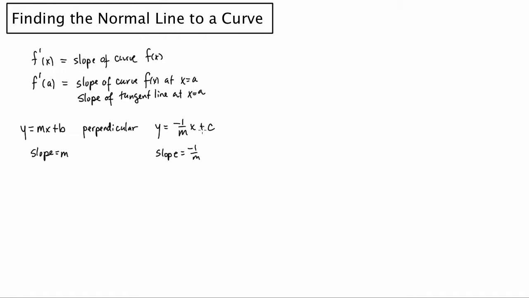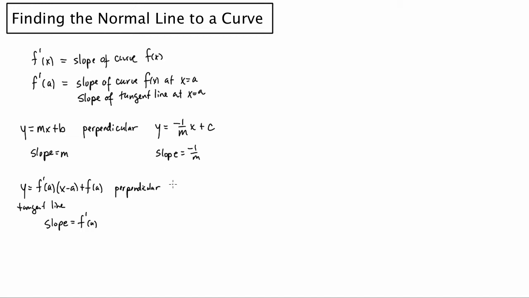And that's a good thing, because in this scenario, suppose this is the tangent line over here. We know the formula for the tangent line has slope f prime of a, and it's f prime of a times x minus a, plus f of a. What if I wanted to find the line perpendicular to it at the point a?